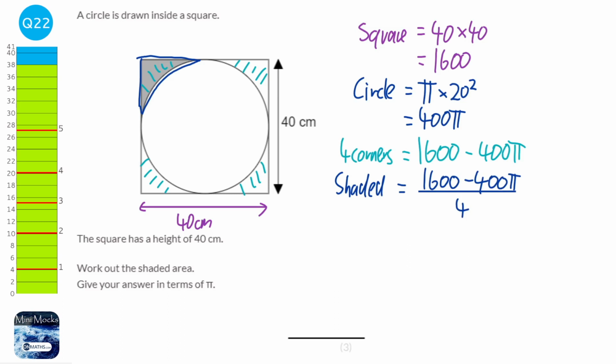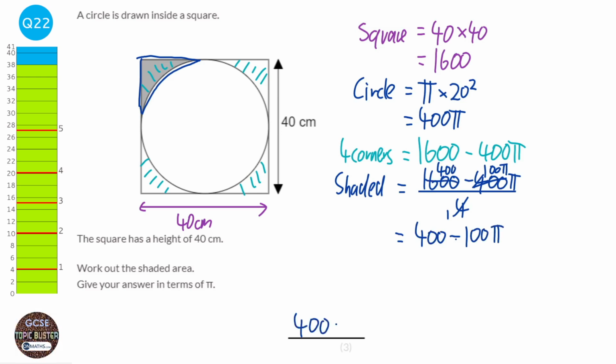We can divide all of the terms by 4. So that will leave 1 at the bottom, 100 pi here, and this will be 1600 divided by 4 is 400. So we're just cancelling the fraction, and actually we leave it as 400 minus 100 pi, and that indeed is our answer. You can't simplify that any further.